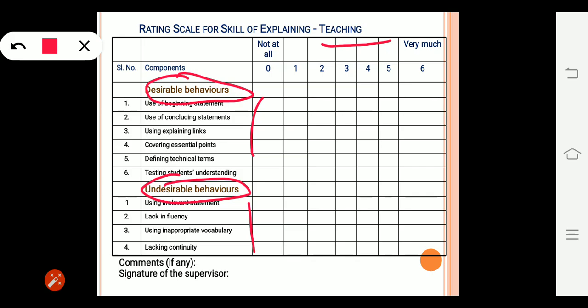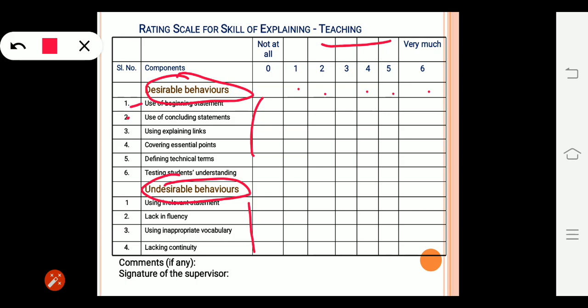If the pupil teacher is using beginning sentence properly, then she will be marked in 4, 5 or 6. But if the beginning sentence is not used properly, then the pupil teacher will get 1 or 2.